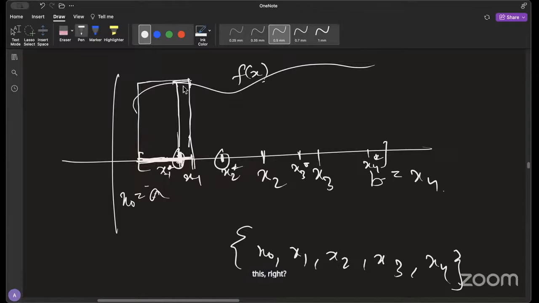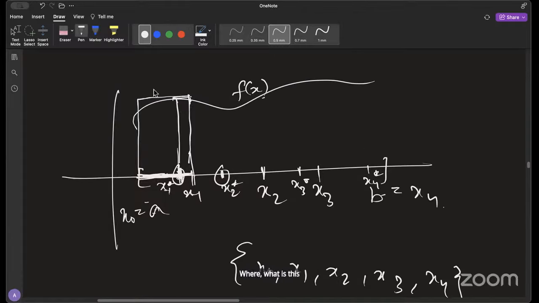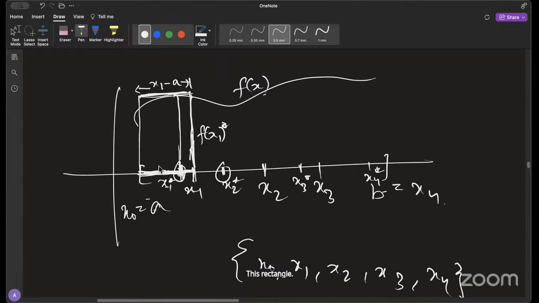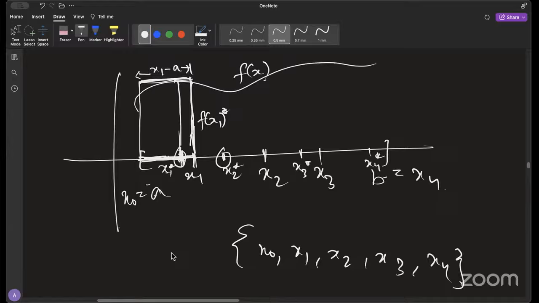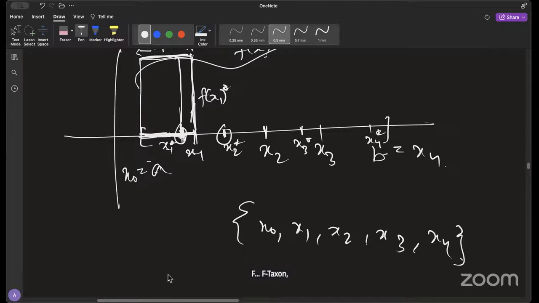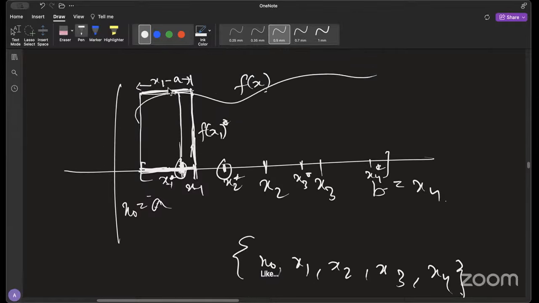This length is x1 minus A, and this height is f(x1 star). What's the area of this rectangle? f(x1 star) multiplied by x1 minus A. So this is the area of this rectangle.